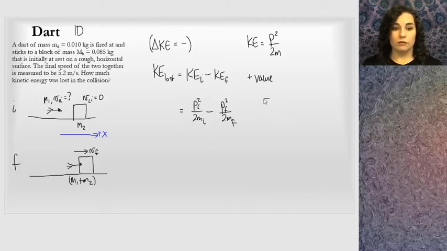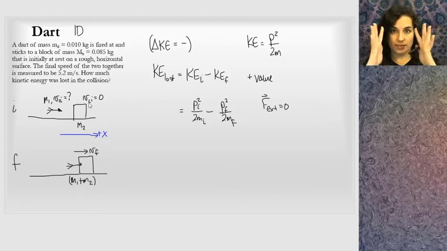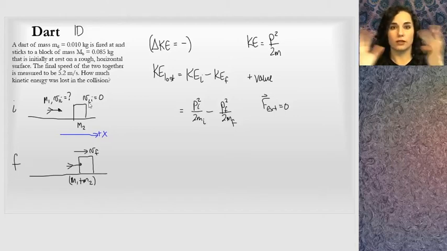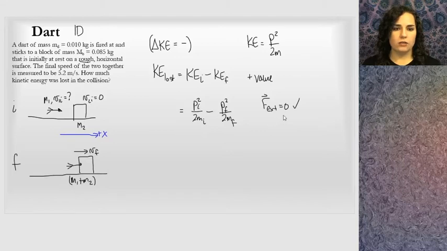We check that there's no external forces applied on the system. The dart just hits the block. This is before they have a chance to move, so it's just like a picture in time. There's no external forces on it in that time. So that lets us say that the initial momentum equals the final momentum.